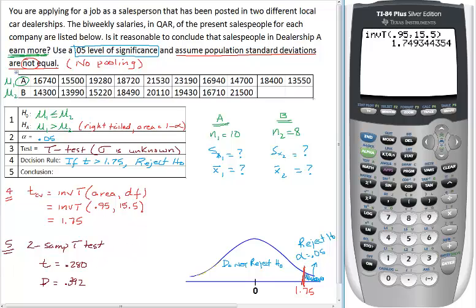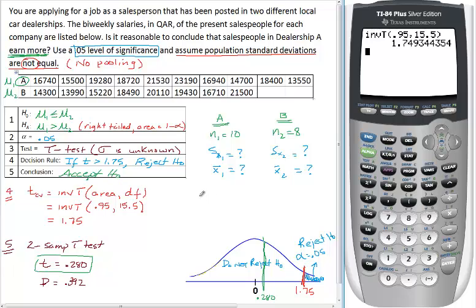Our t-value is 0.280, which is roughly here on our diagram. So it's in the do not reject region or accept H0. So I'll write down accept. Accept the null hypothesis.